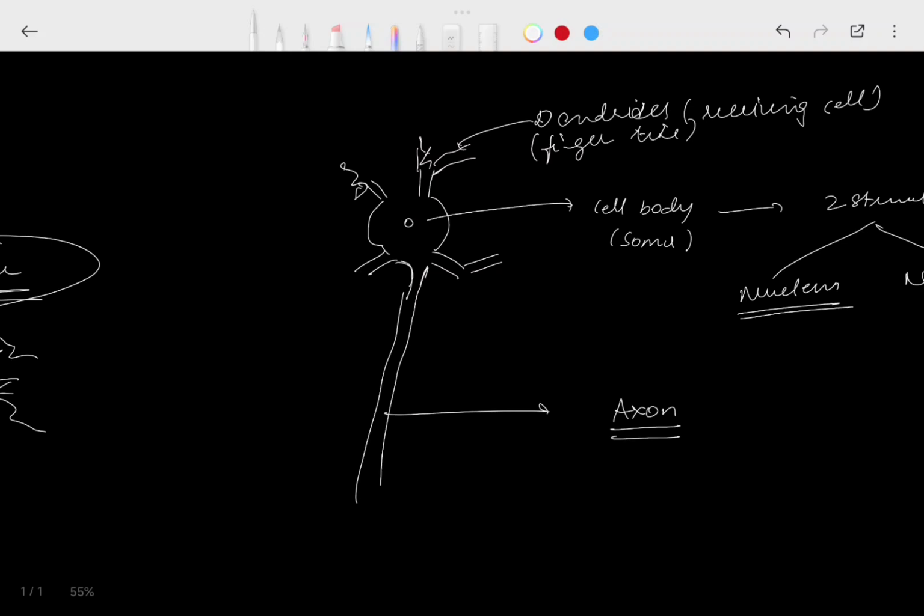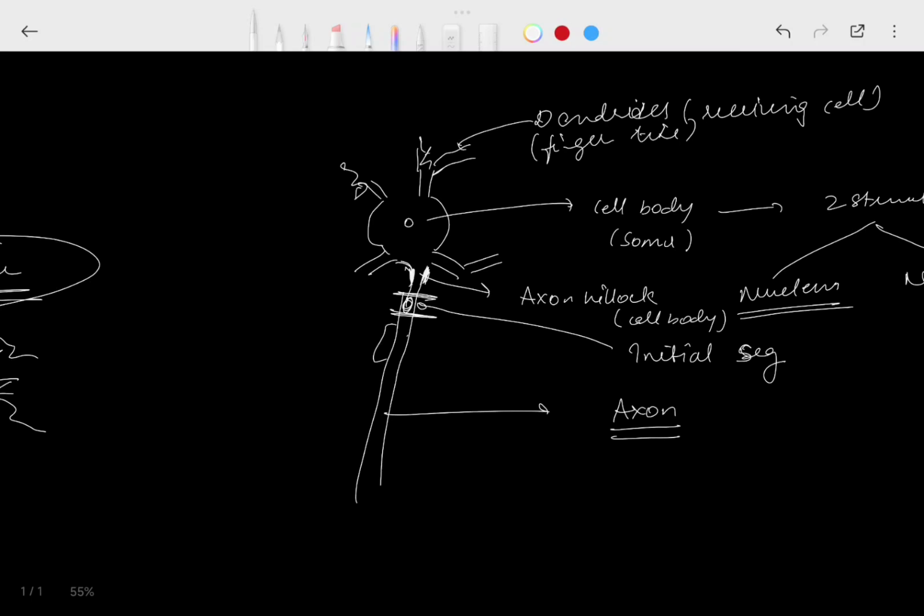The part of the cell body from which the axon arises is known as the axon hillock. The actual proper beginning of the axon is the initial segment, and the axon starts from the initial segment.